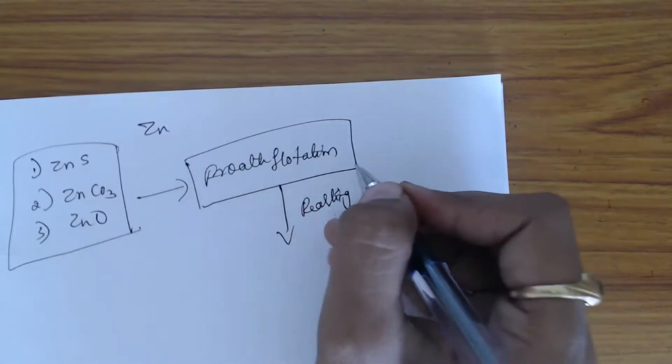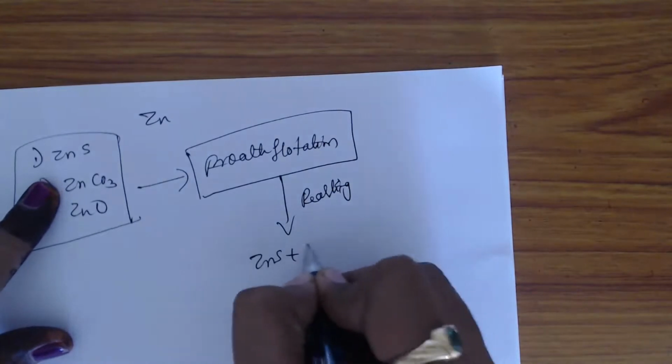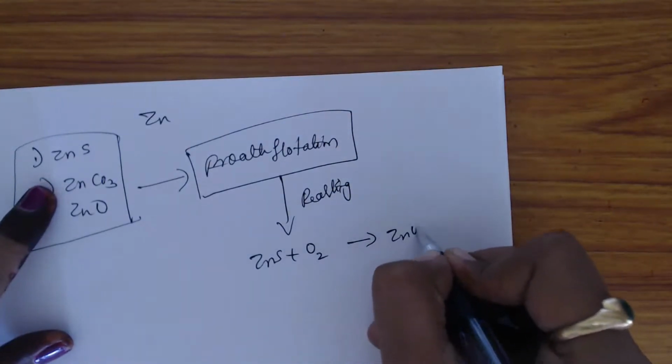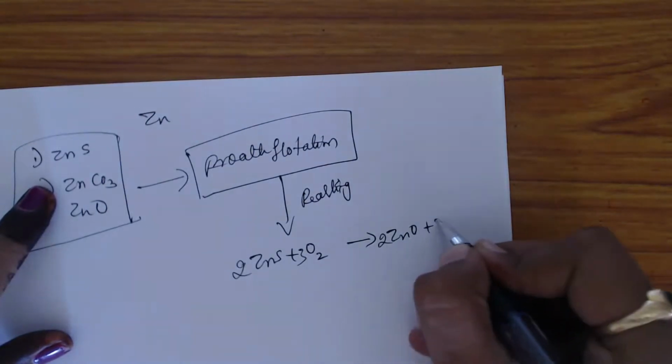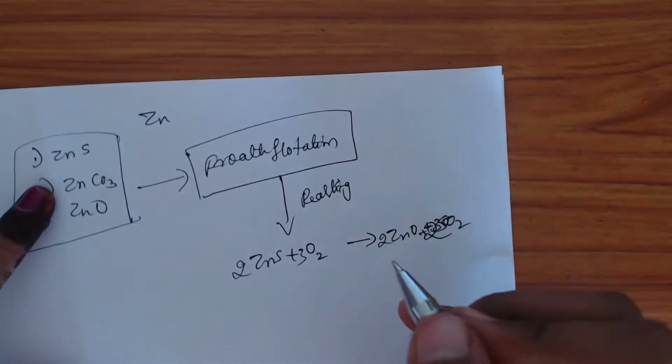Then it is subjected to roasting. So in roasting, what happens? If zinc sulfide is there in presence of air, it decomposes and gives ZnO plus SO2.